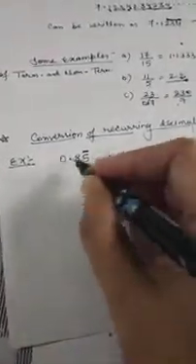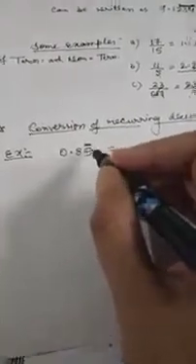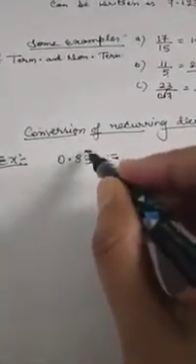Now, next is conversion of recurring decimal into fraction. In this, you have to pay attention to how to convert a recurring decimal into a fraction. So, the steps are: 0.85 and you can see the bar is above 5.